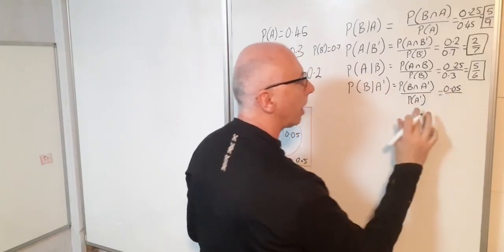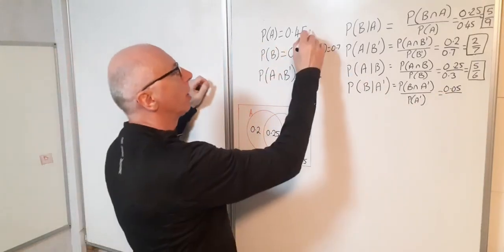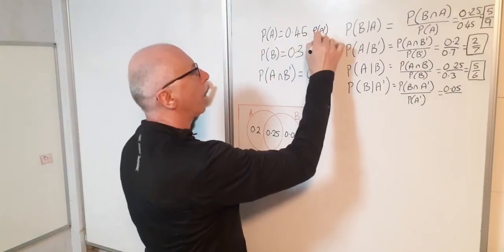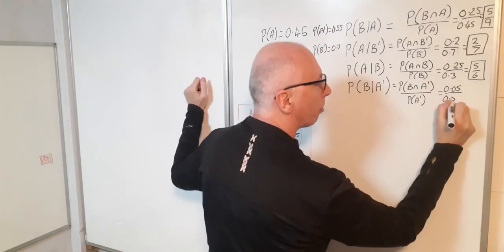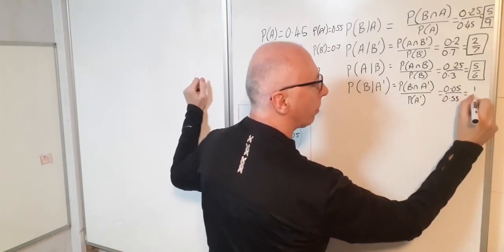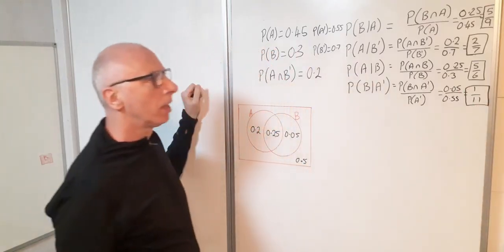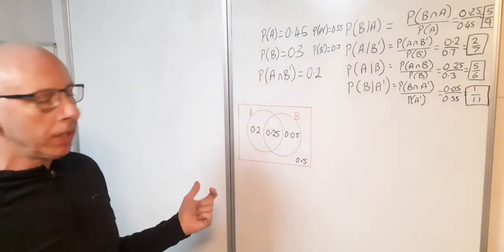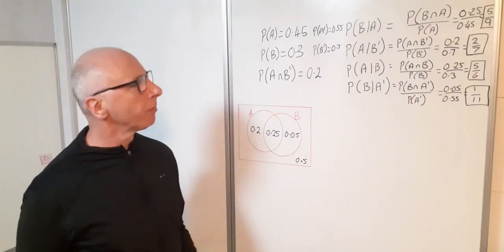And the probability of not A, that's just basically 1 minus this one. So the probability of not A is 0.55. So put that in there, and then that will simplify to 1 over 11. And then that's my 4 probabilities completed for this set of questions.